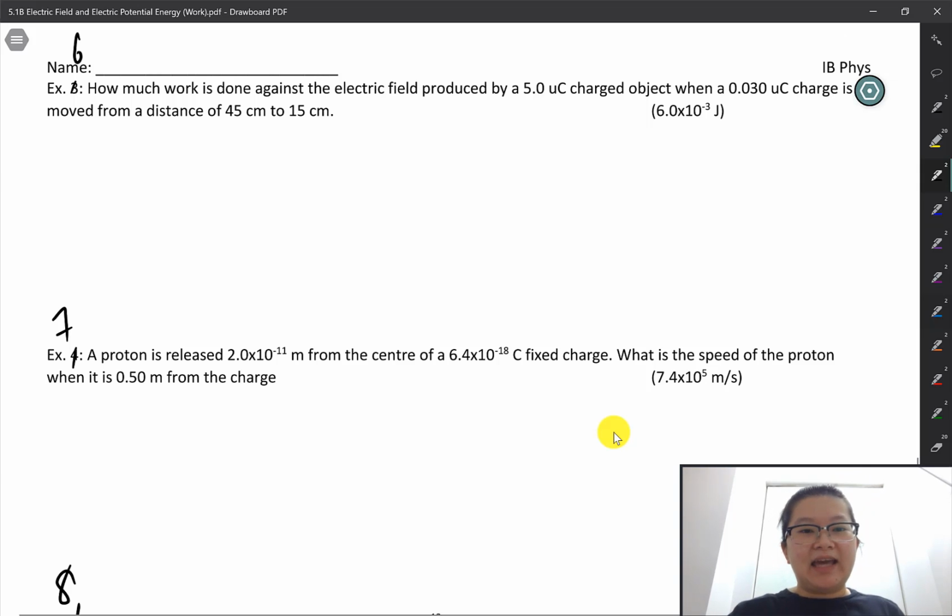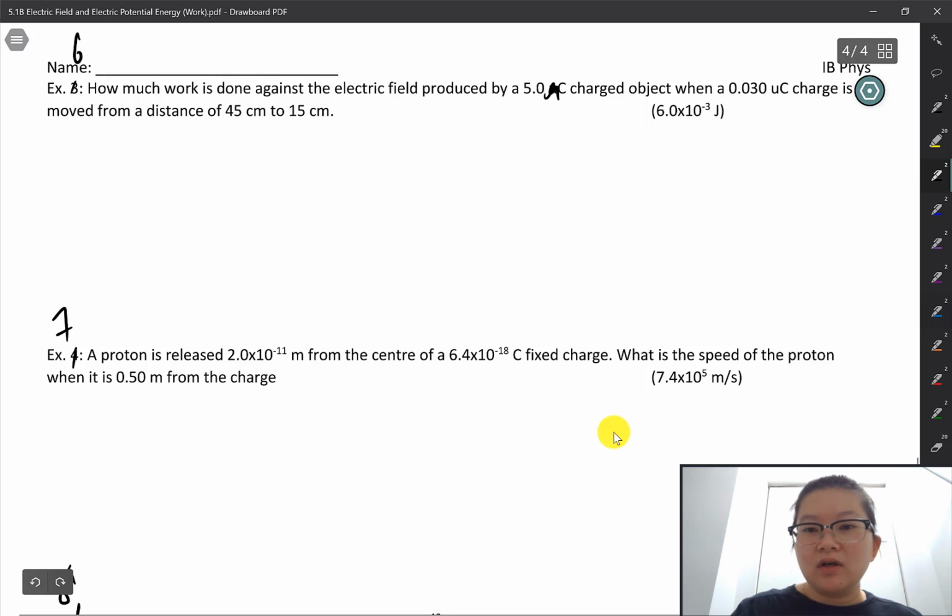How much work is done against the electric field produced by a 5 microcoulomb charge object when a 0.3 microcoulomb charge is moved a distance of 45 centimeters to 15 centimeters. So yes, we need to draw a diagram. I'm just changing these to mu's. They're actually not u's over there, okay?